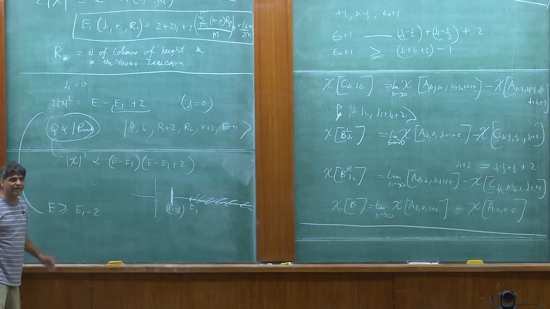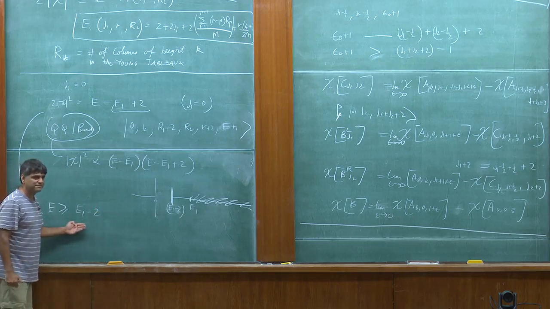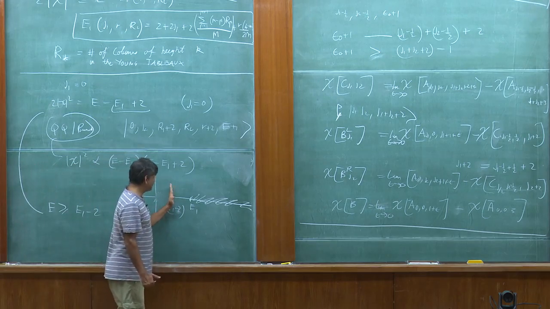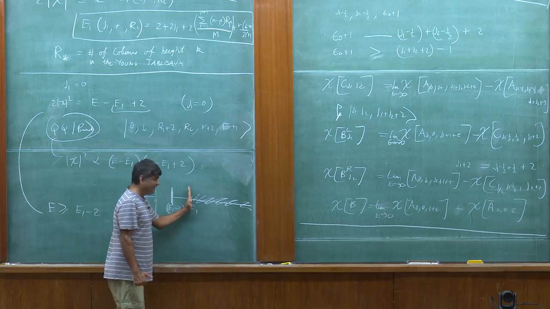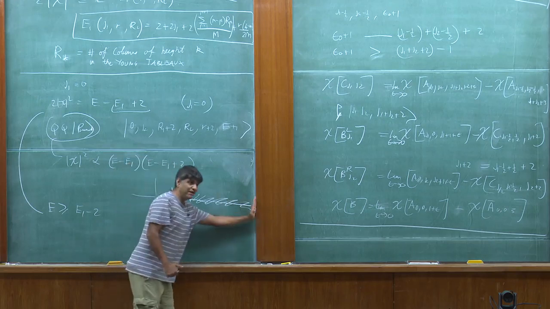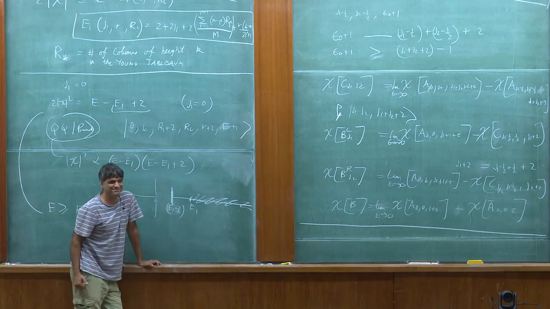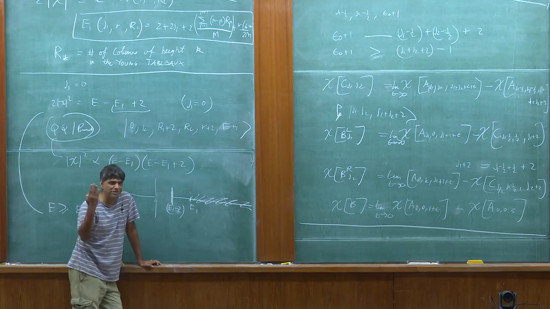Already first order tells you that this is ruled out. So everything had to be larger than this. But at second order you find that everything has to be larger than E1, or just equal to E1 minus 2. There will be a null state, correct. It will be a short representation.